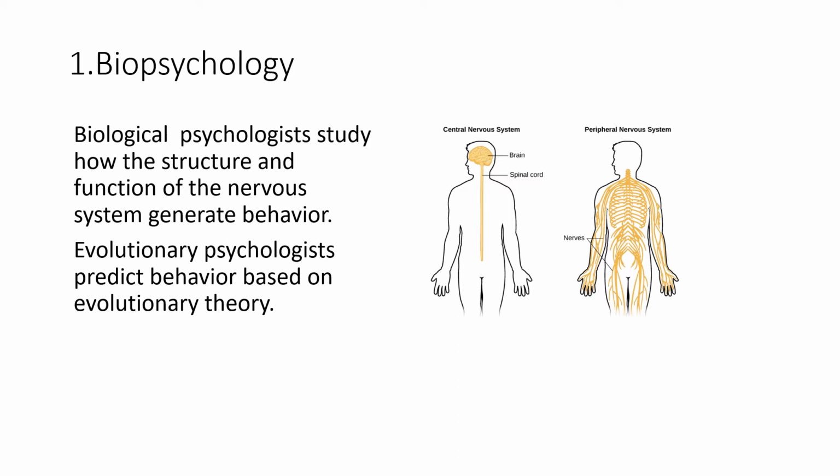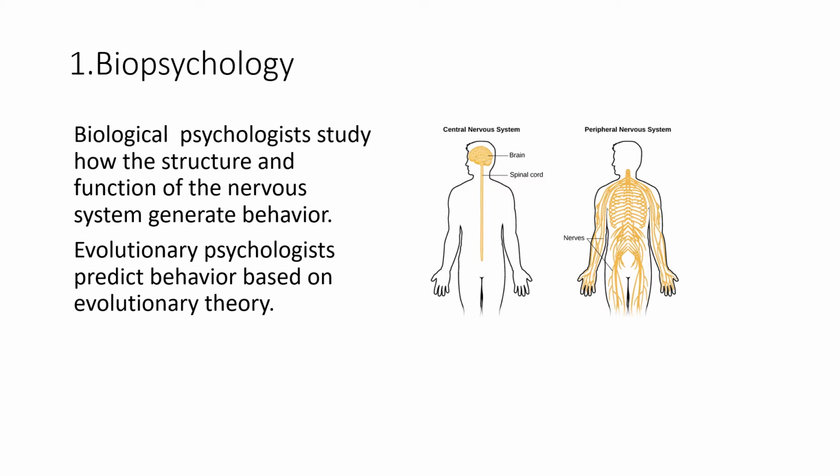Biological psychologists are studying how our nervous system is structured, and they're also interested in how the nervous system functions to generate behavior. They're also interested in how hormones can affect behavior. So for those of you who are majoring in a field within the health sciences, you might find this area of particular interest. We'll be exploring this a lot further when we get into Module 3 in this course.